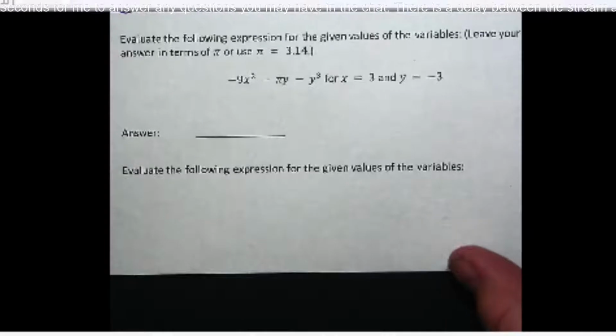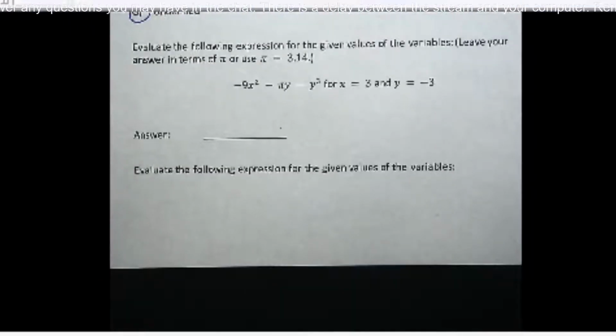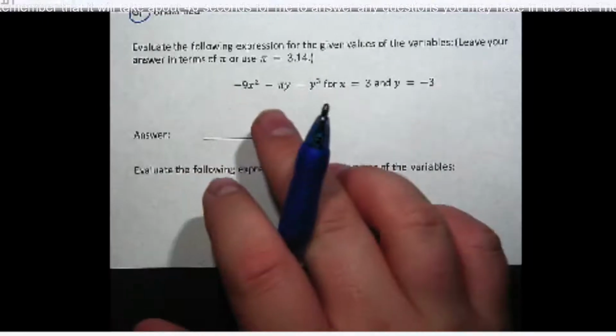Next one, some actual algebra going on. It says, evaluate the following expression for the given values of the variables. Leave your answer in terms of pi, or use 3.14. Well, I'm going to leave it in terms of pi. So we just need to plug in our values for x and y.